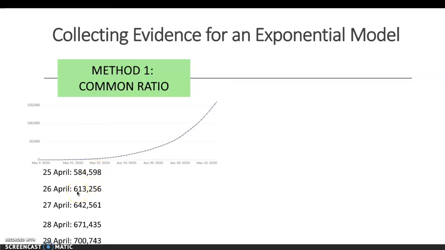For example, between these 2 days, 25th and 26th of April, we need to divide 613,256 by 584,598. And if we do that, we get a multiplier of 1.071. You can think of that as a 7.1% increase.